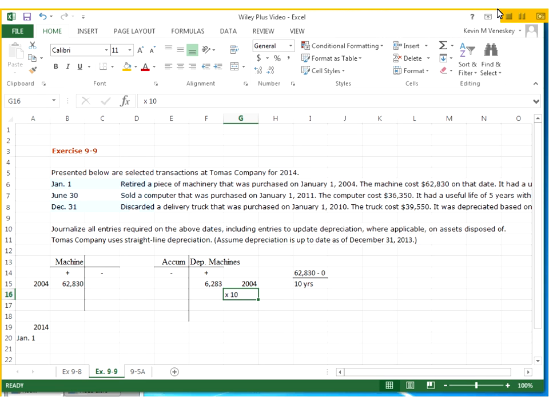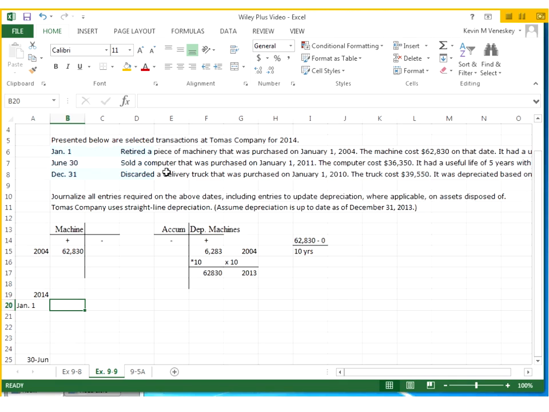If you count out 2004 all the way up to the end of 2013, that's 10 years. So total for the end of 2013, my actual balance is the entire amount, $62,830. I've completely depreciated this machine. I had a useful life of 10 years, and after the 10th year, I actually got rid of it. It worked out perfect.